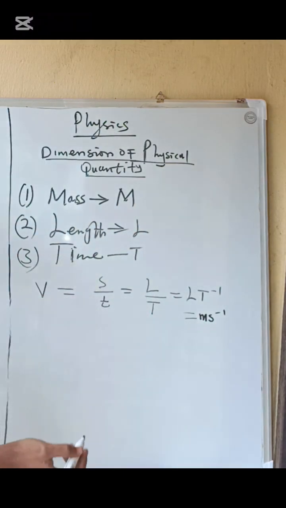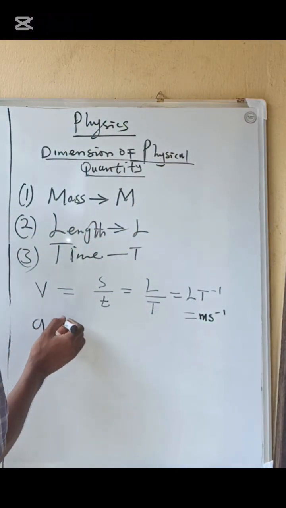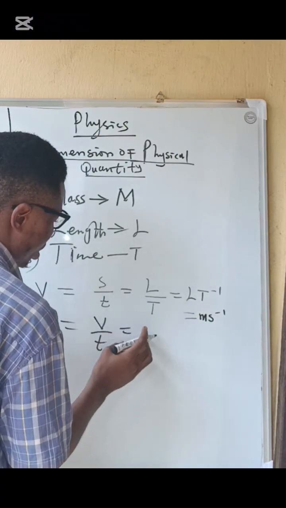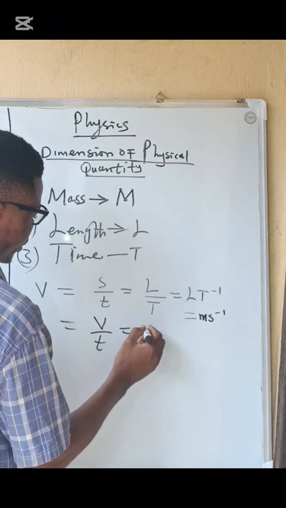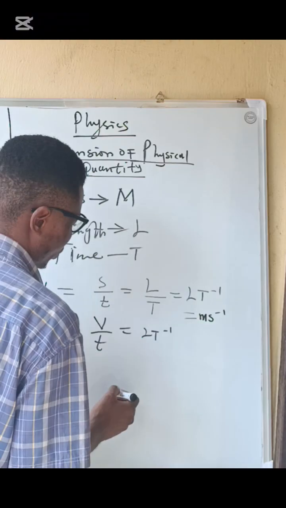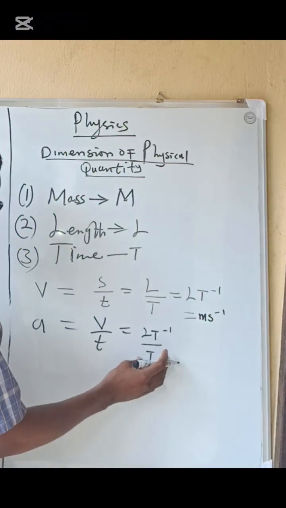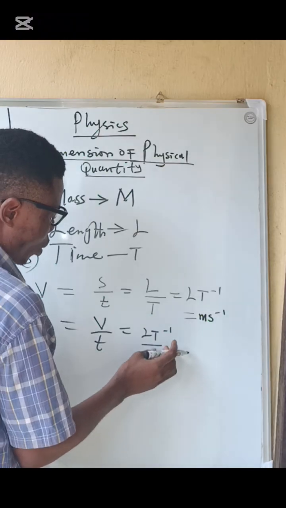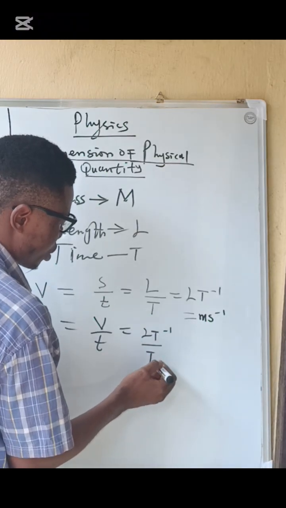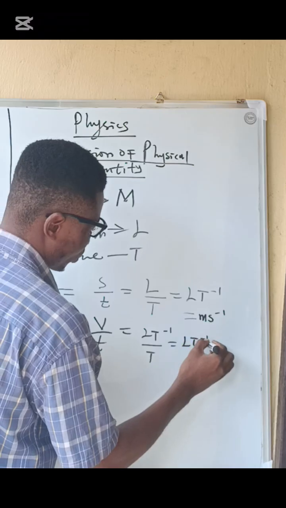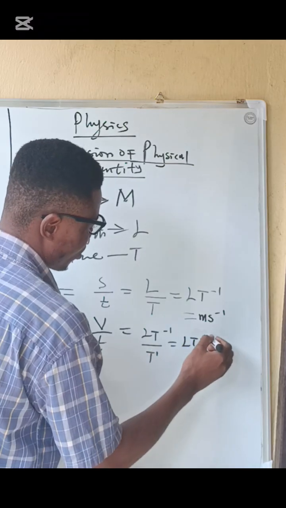So how about for acceleration? A is equal to velocity over time. What's the dimension for velocity? That is LT minus 1 divided by T. You are going to use the law of indices. When they have the same base, this is T and T, you subtract the power. Here we have a power of minus 1 minus 1.